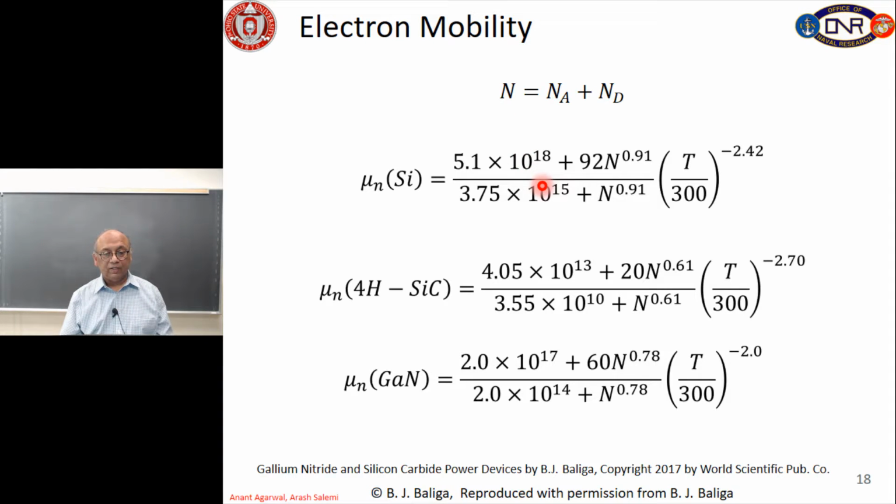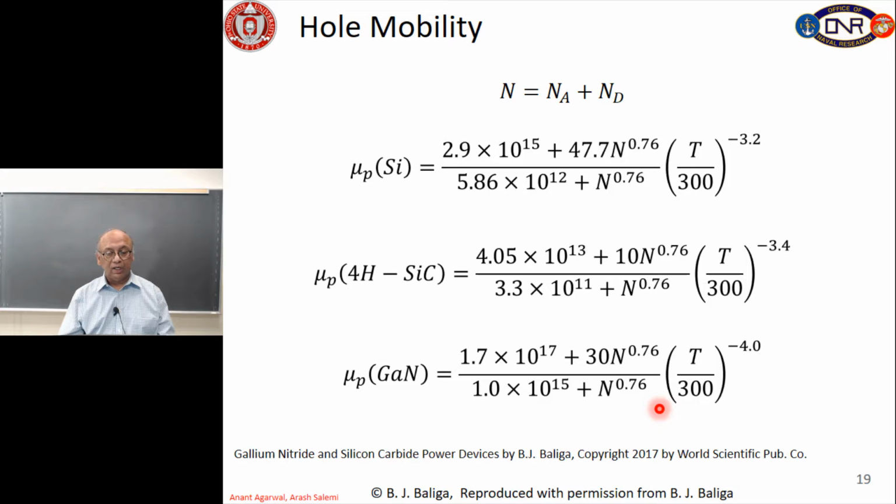So we have given you these simple equations, which are approximate, where mobility of silicon is described as a function of doping and temperature, and the same thing for silicon carbide and gallium nitride. It's good to have these equations because we will use them to calculate mobilities at different temperatures and dopings, and similar expressions for holes.